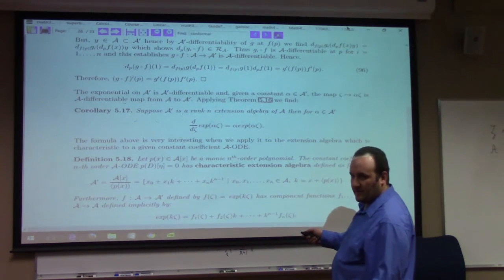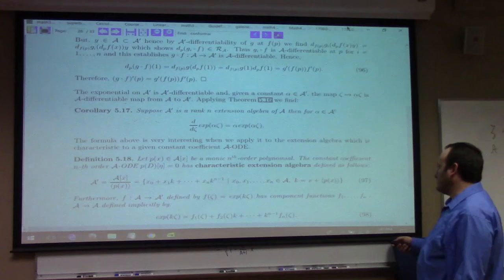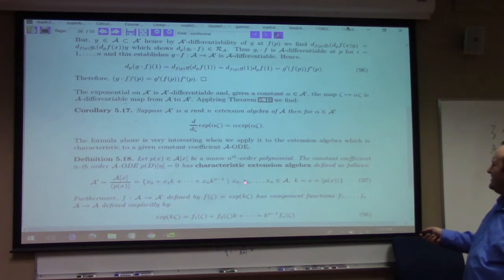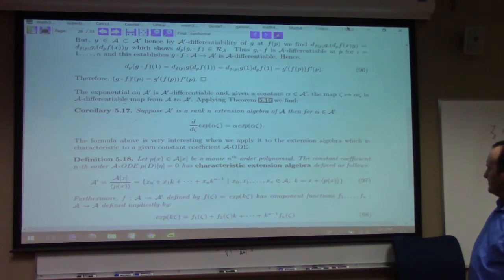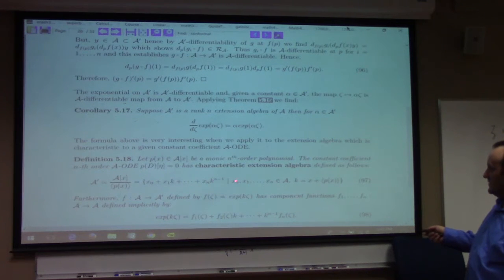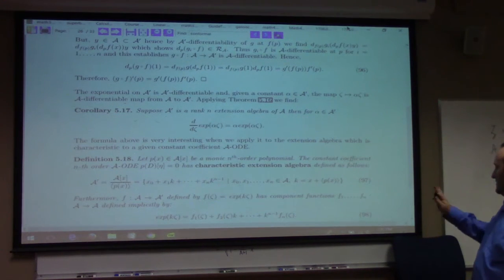Anyway, the numbering's off. All right, sorry. I'm very annoyed by this. It's an n-dimensional extension. There should only be x1 through xn, or x0 through x(n-1). The obvious typos need to be fixed. All right, sorry about that.